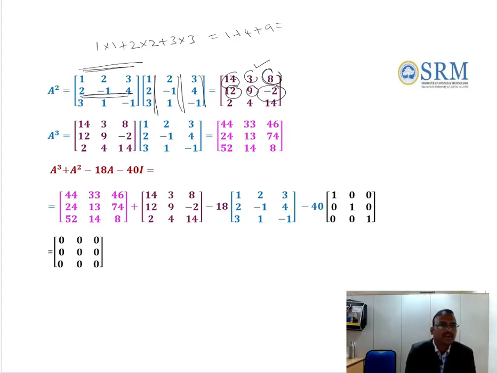For the third row, multiply with the first column, that gives this 2. Then third row, second column; then third row, third column, this gives 14. Okay, this is the way we are multiplying two matrices, right?